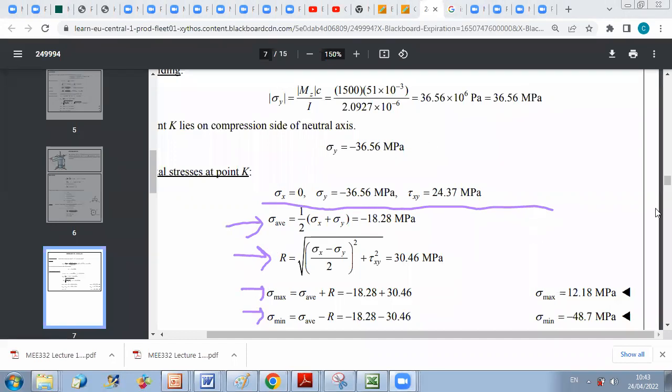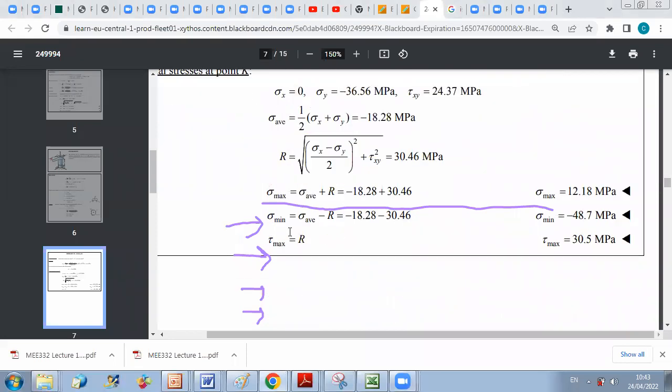You can get your principal stresses, and also the maximum shear stress at the point of interest K is equal to the radius R. The radius R is computed from this formula, which is radical of sigma x minus sigma y squared over 2, plus tau xy squared.